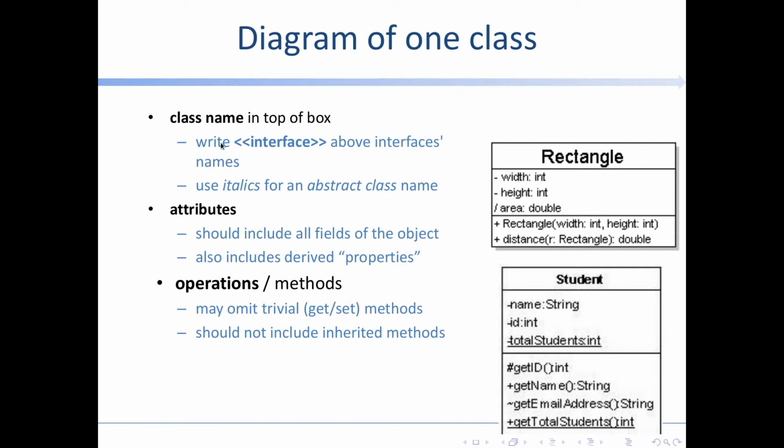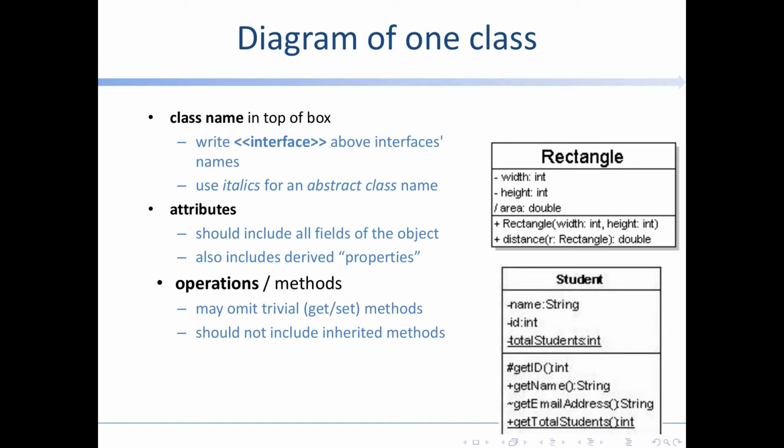Now if you put these angular brackets and say interface, then you're representing an interface class. An interface class is basically a definition of a class that's only the names of the functions. There's no implementation. It just tells you that this class must have these functions.